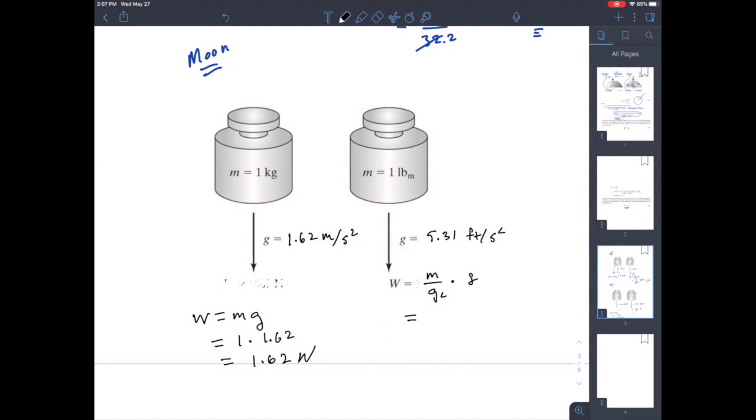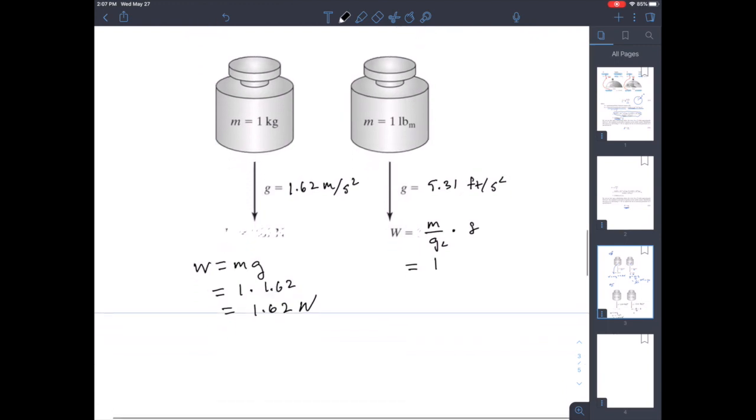When you look at a definition of a slug, it's related back to the gravitational constant of the Earth. So if I plug in 1 pound mass, and then I divide by the gravitational constant of the Earth, which is 32.2, and then I multiply by 5.31.